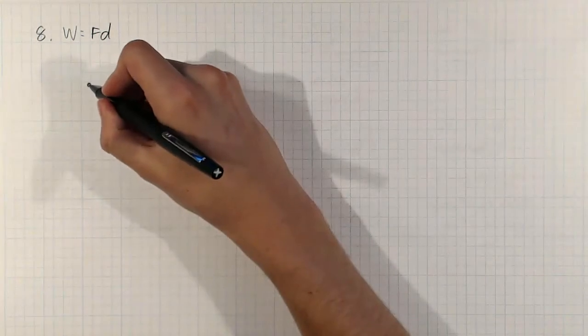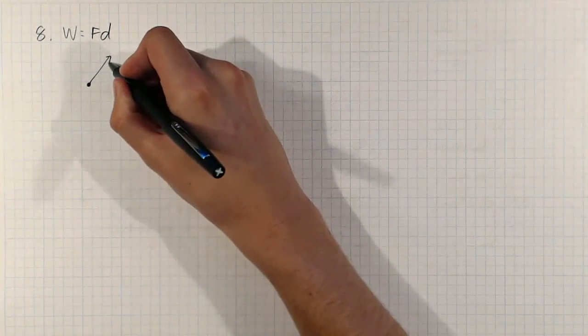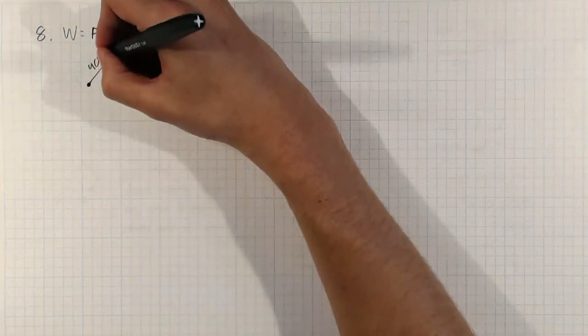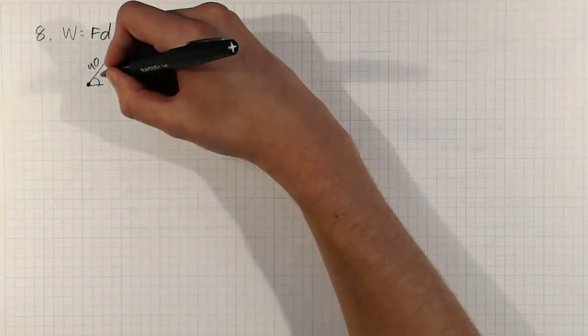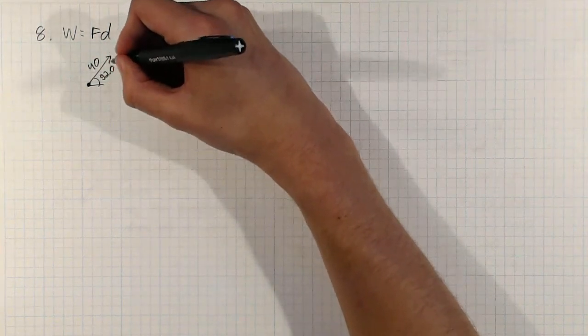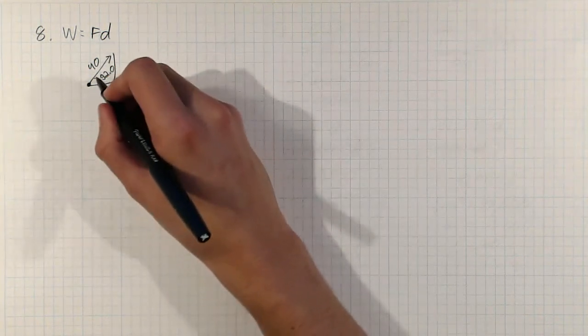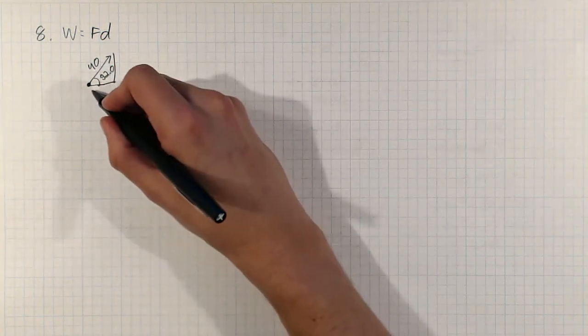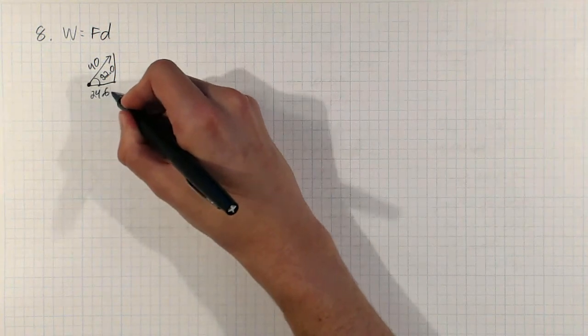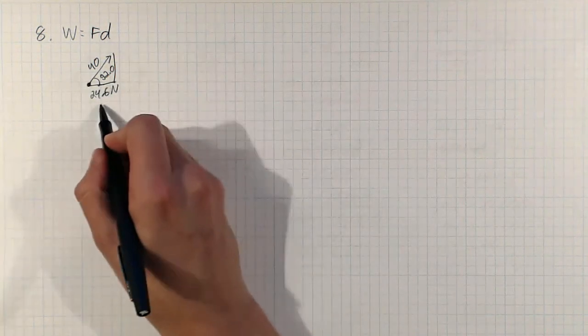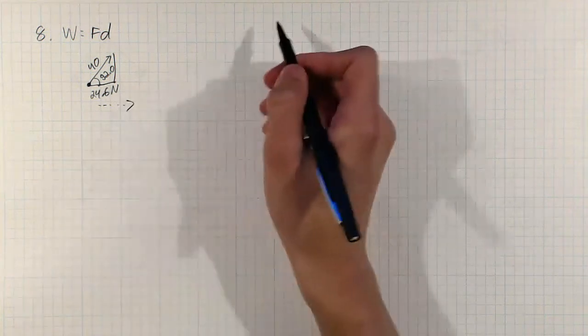So if here's our bag and she's pulling with 40 newtons at an angle of 52.0 degrees, then if we do a little trig, you can find that this side is equal to 24.6 newtons, and this is in the direction that the bag is going.